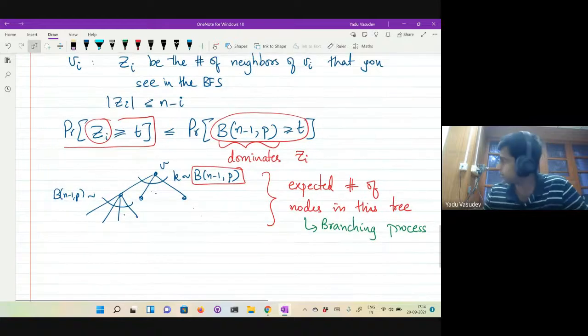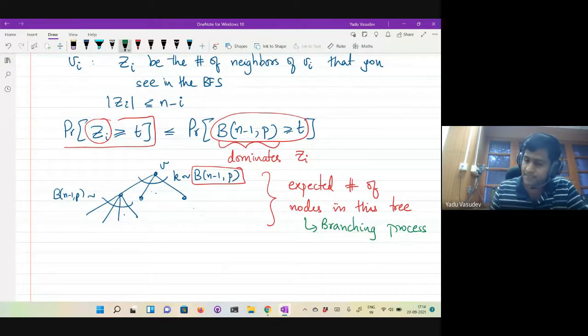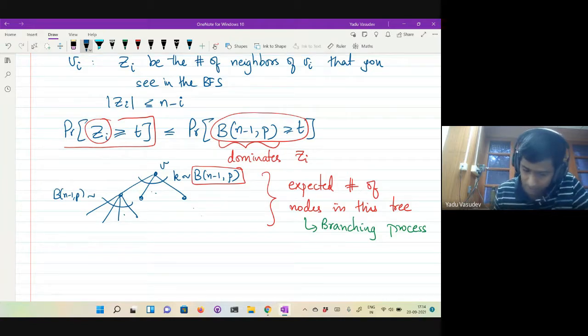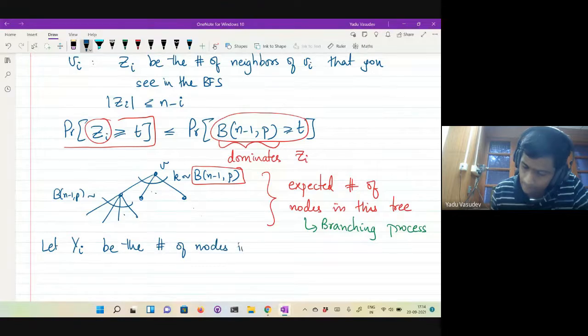So what we want to actually do is to find the expected size of this branching process, right? So you have a branching process and you want to find the expected number of nodes. So what can you say? So let yi be the number of nodes in the ith level. Right?